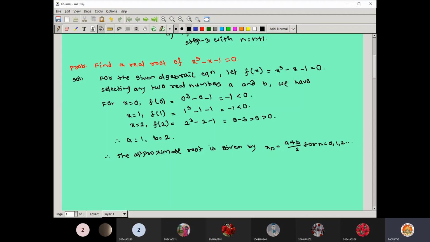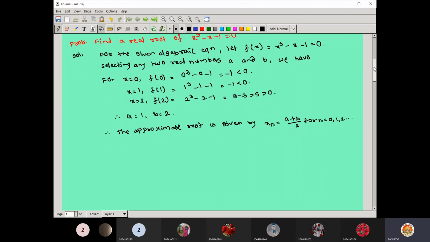By using this expression, now you calculate the approximate root. Substituting for n equal to 0, you get x naught equal to (a plus b) divided by 2. Your a value is 1 and b value is 2. Better you should have the calculator.